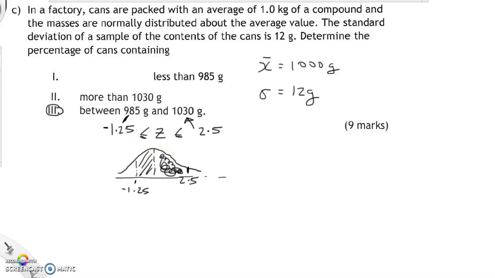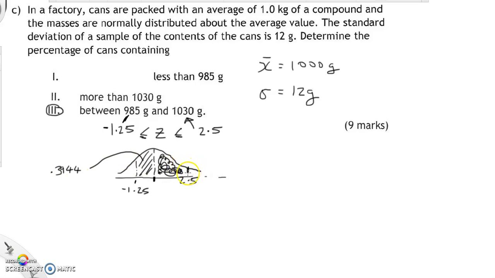And if you remember from the previous parts, the area between positive 1.25 and the center line was 0.3944, and because the curve is symmetrical, this area in here is 0.3944.